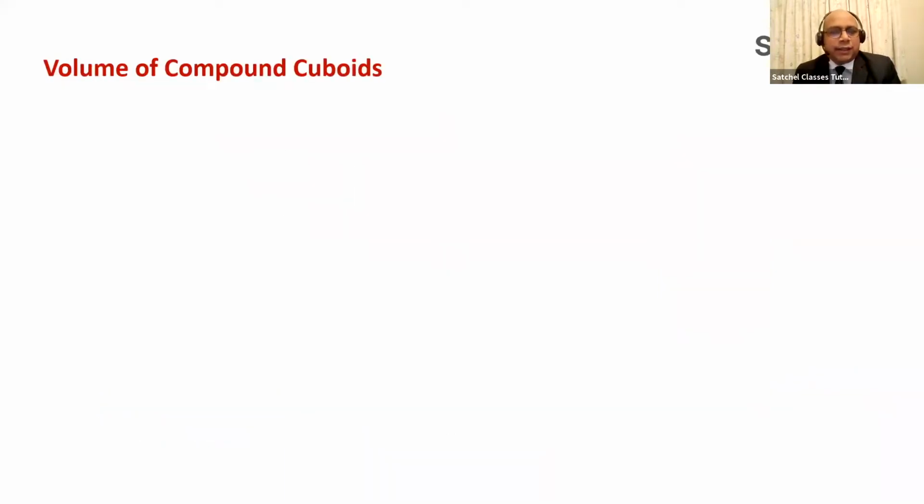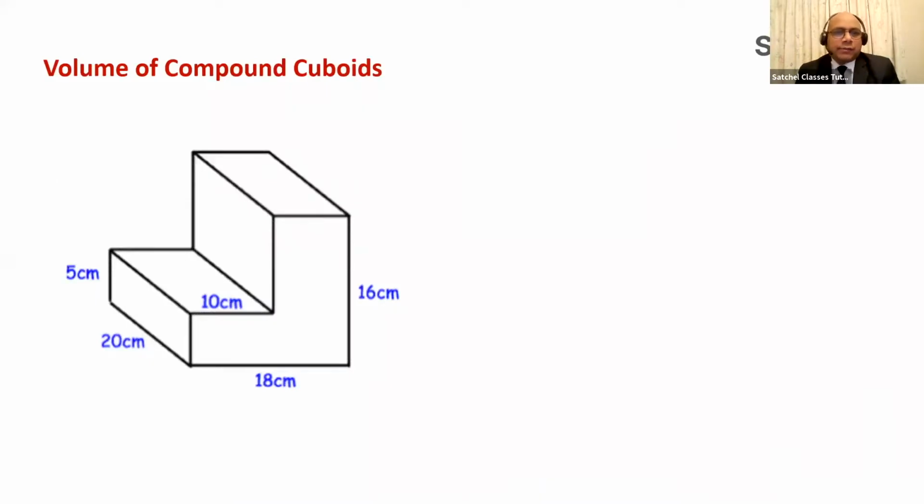Let's take the first example then. Let's look at this L-shaped figure. As you can see, it has been formed by combining two cuboids. So let us first find out the first way of finding the volume of such a compound cuboid. The first method is to find the volume using the rule of prism.